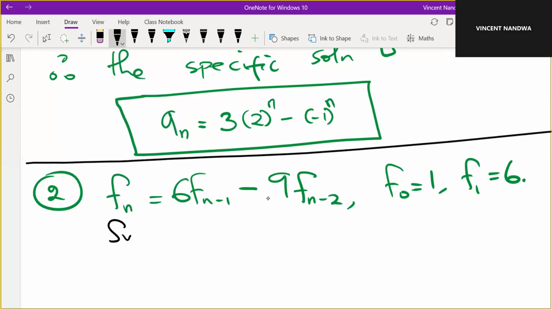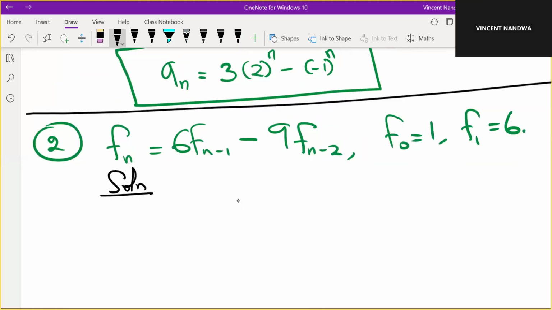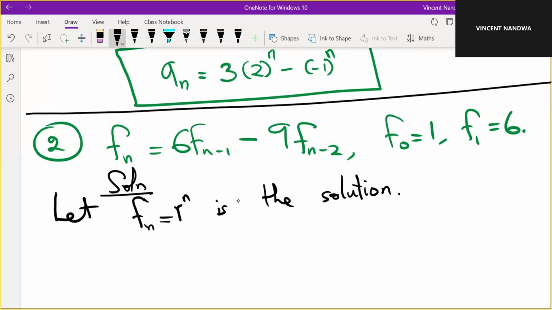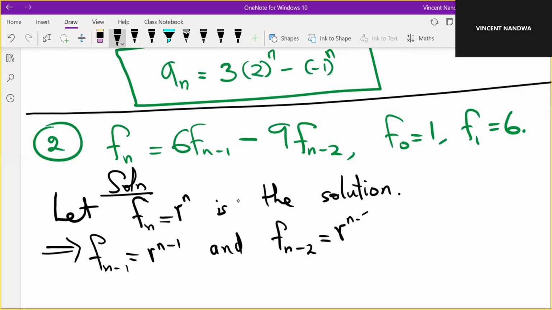So for the solution, we start by saying, assume f_n equals r^n is the solution. Then that tells us that f_(n-1) will be r^(n-1), and f_(n-2) will be r^(n-2).